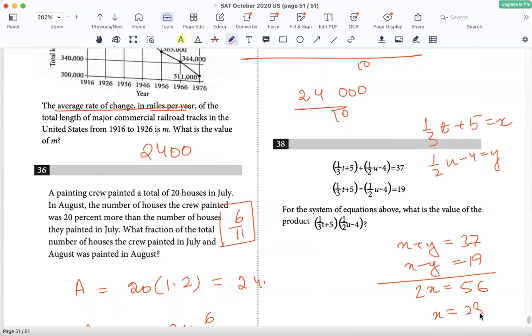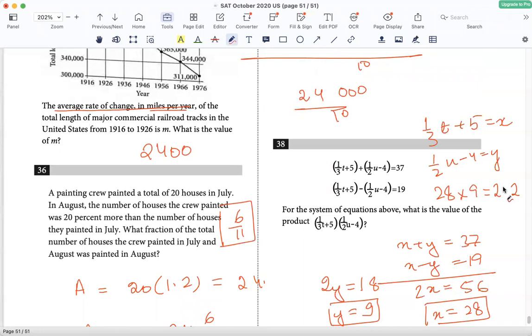So x is 28. And when I subtract, 2y is 18, so y is 9. So what is the product? I'm supposed to find x into y, which is 28 into 9, 252. So the product is 252.